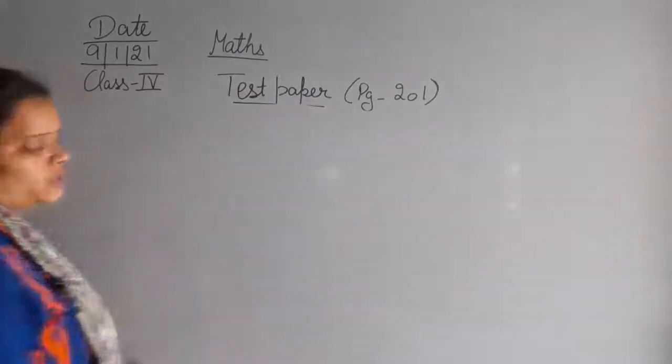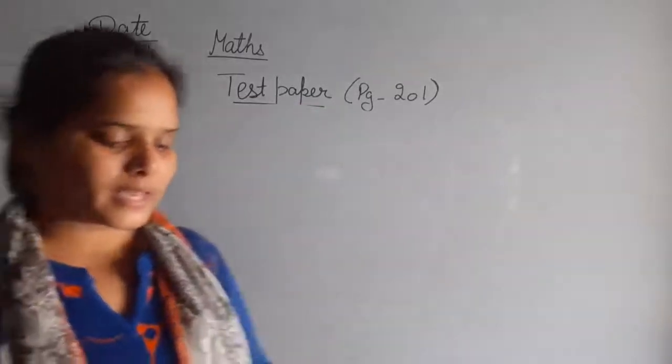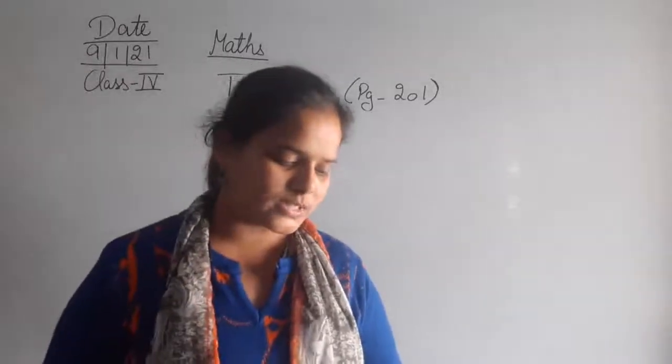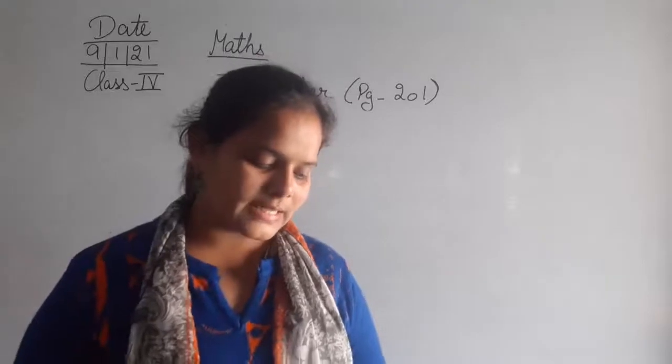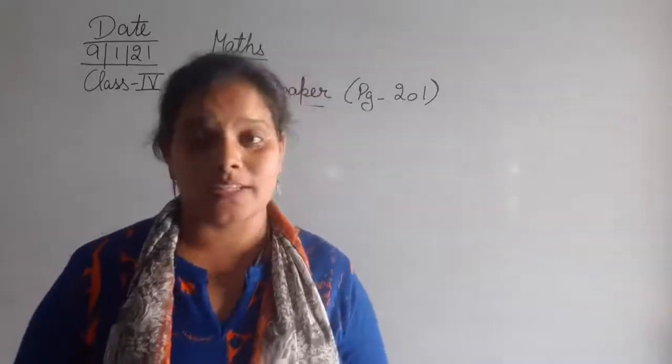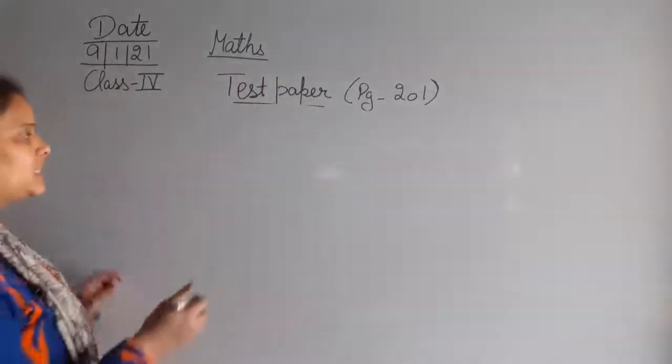So the seventh question, fill in the blanks. Okay, so now some questions are given in the blanks form. So seventh question is, a line segment has dash end points. So देखिए अभी मैंने आपको draw करके बताई थी line segment.